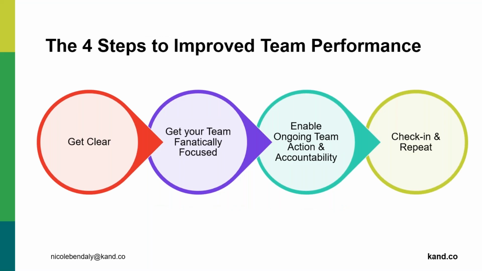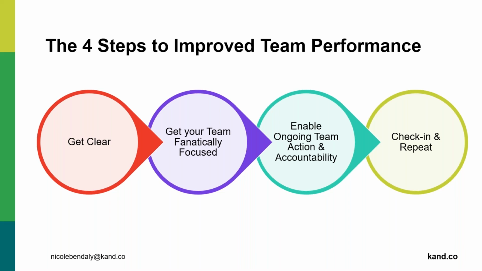So those are the 4 steps. Get clear on what high performance healthcare teams look like. Get your team fanatically focused on what they look like, how they measure up, where their strengths are, what they're going to focus on first. Support them in ongoing action through dialogue and using the exercises in huddles and team meetings.